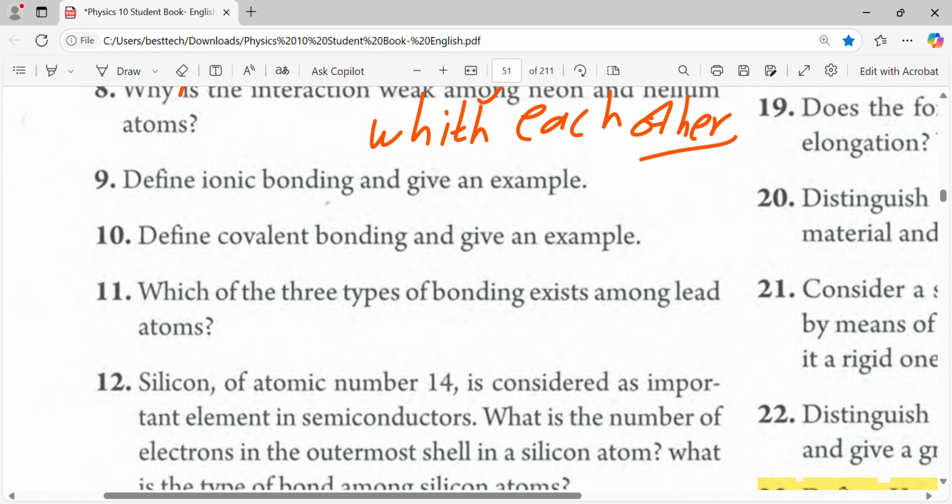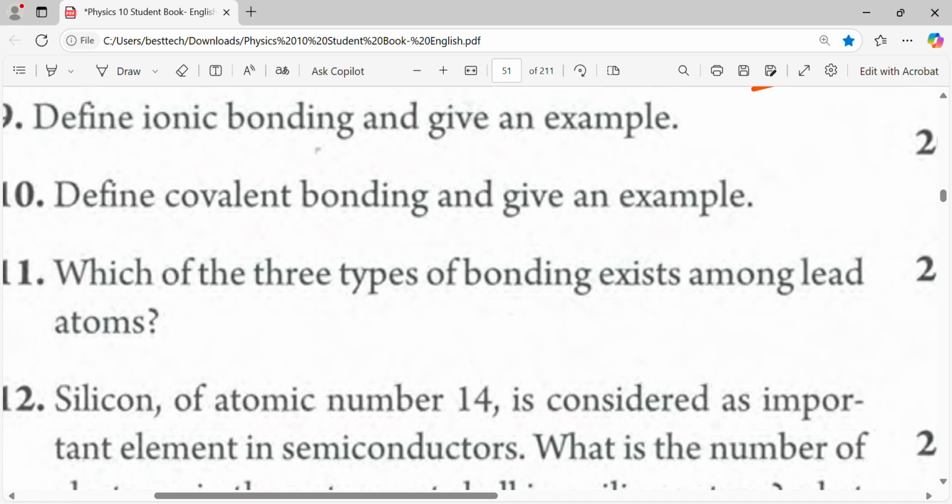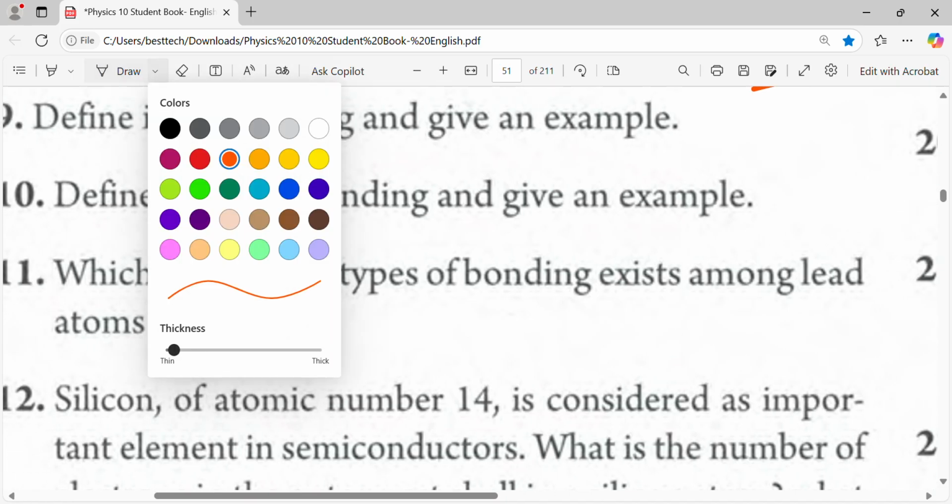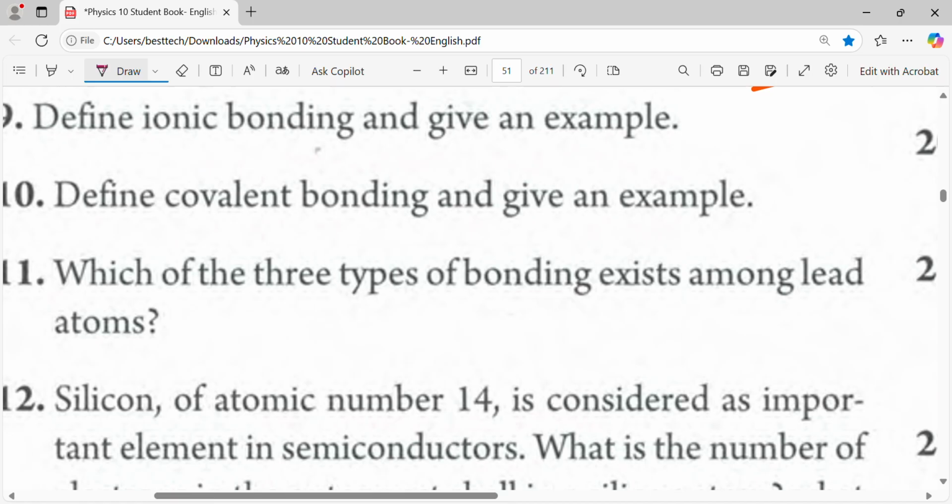Question 10. Define covalent bond. Guys, now we solved question 9, ionic bond by gaining or giving electrons. But covalent bond, as we studied, doesn't have the ability to lose or gain electrons.